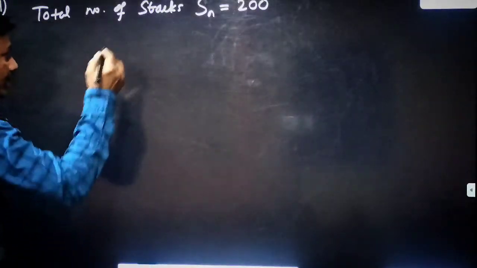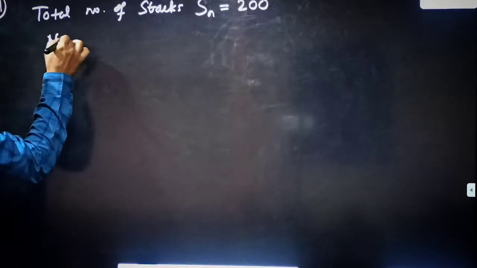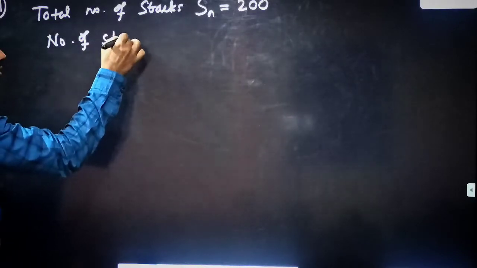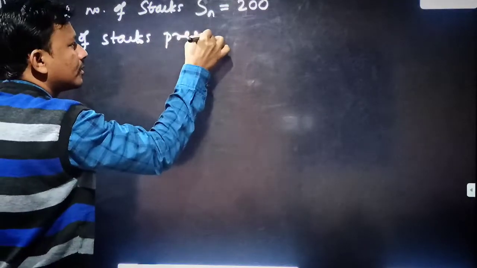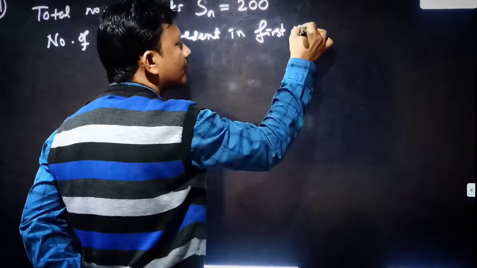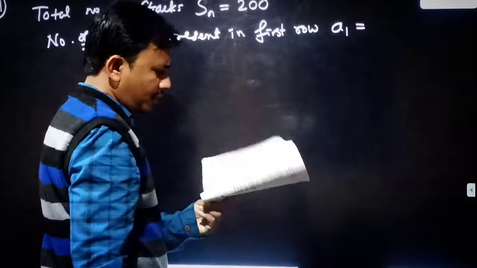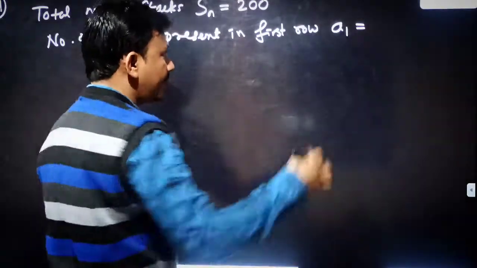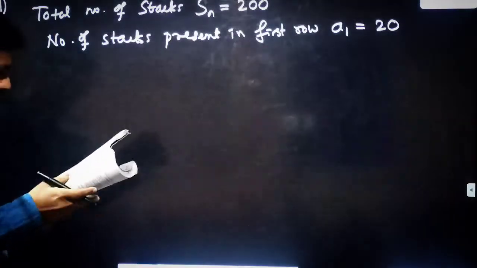Then what is the number of stacks present in the first row? A1 is equal to how many? Total first is 20. A1 is equal to 20 stacks.